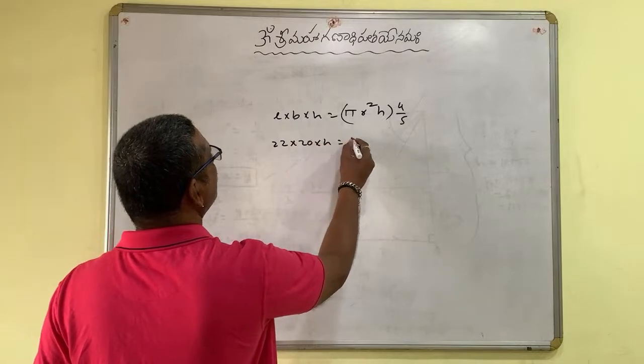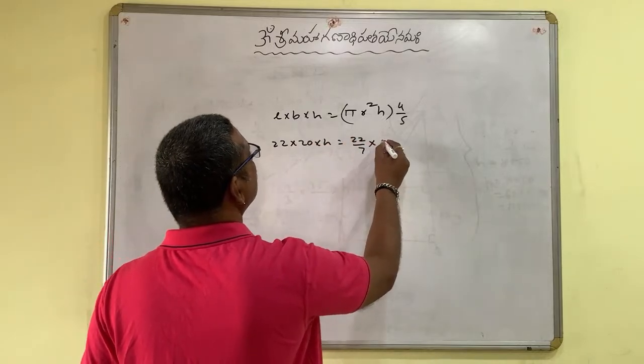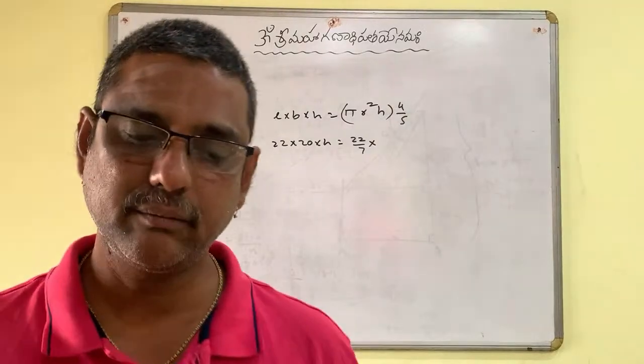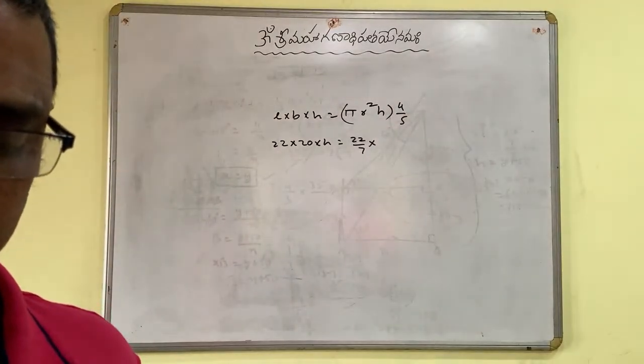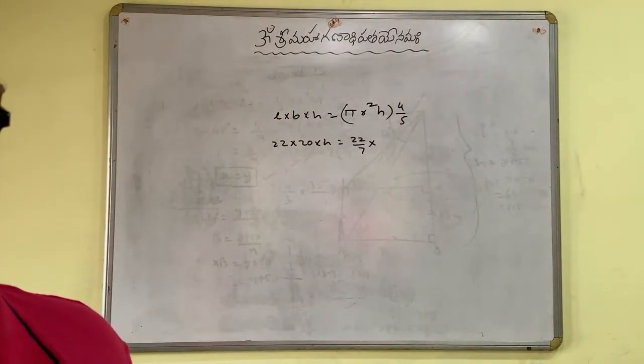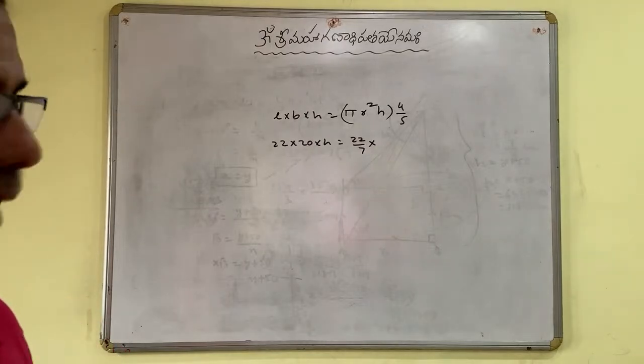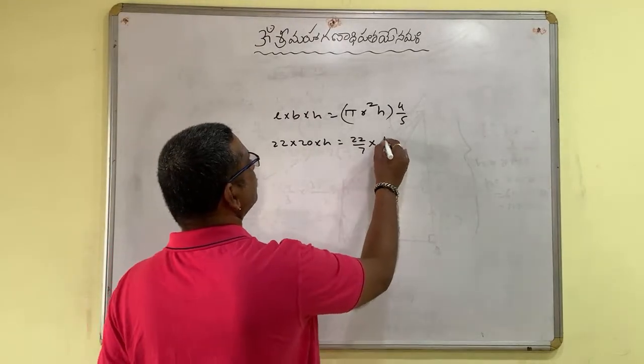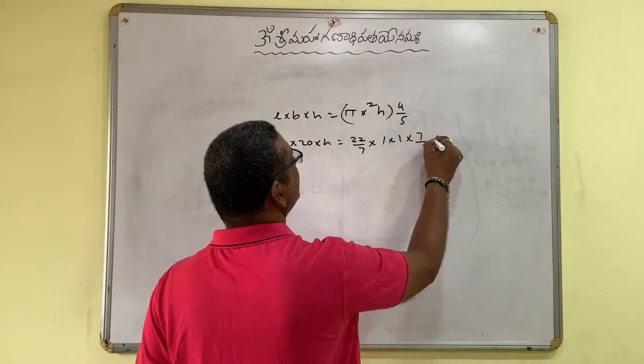Into height is equal to 22 by 7 into radius is given how much? Diameter 2 means radius 1. Height is 3.5. 1 into 7 by 2 into 4 by 5.